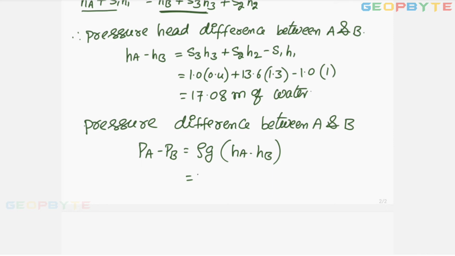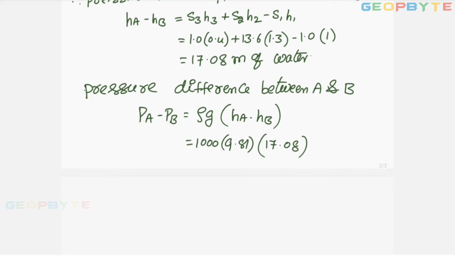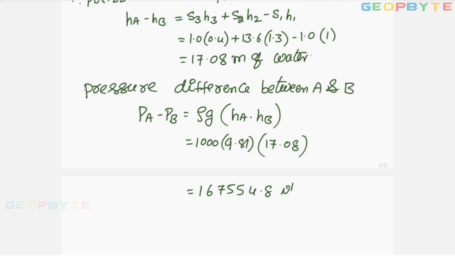Here rho equal to density of water 1000, g 9.81, into HA minus HB I got is 17.08. You simplify this value for getting the pressure difference between A and B: 1675554.8 Newton per meter square or Pascal.